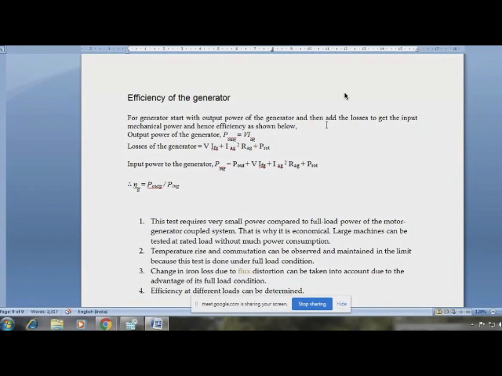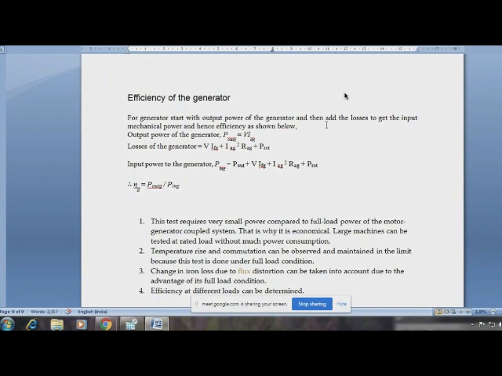And what we're trying to do here is calculate efficiency. We are trying to calculate efficiency for which we require several parameters like the losses, the voltage, the current, and all.